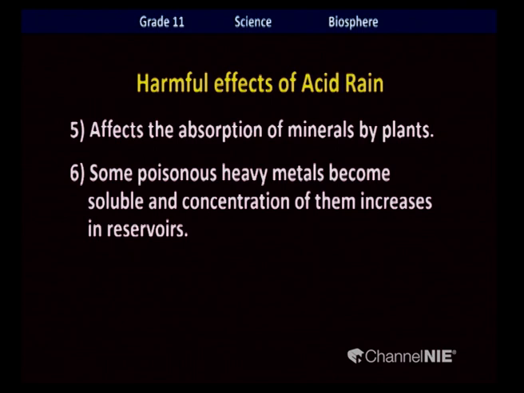Acid rain can dissolve some poisonous or toxic heavy metals, then they become soluble, and those toxic heavy metals are released to the aquatic environment, and through the aquatic environment they can return to animals and even humans through food chains and food webs. So those are the direct harmful effects of acid rain. So let's move on.